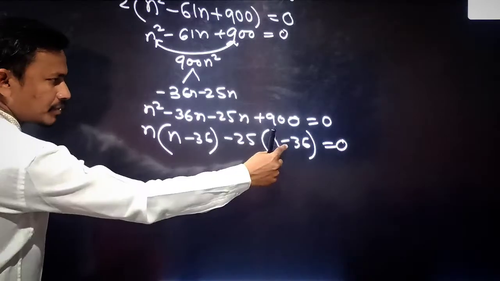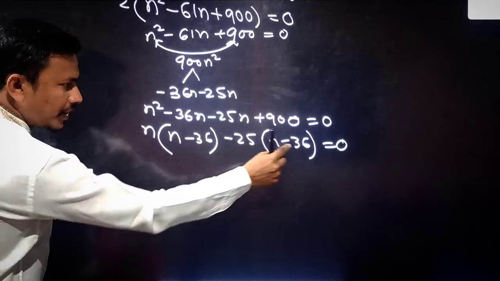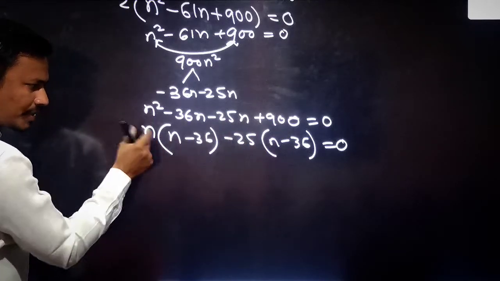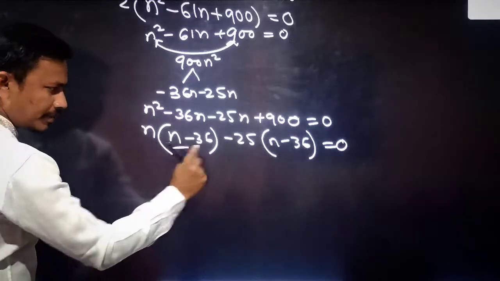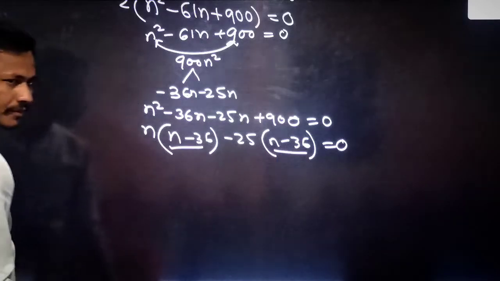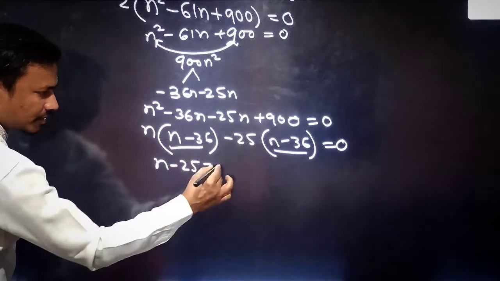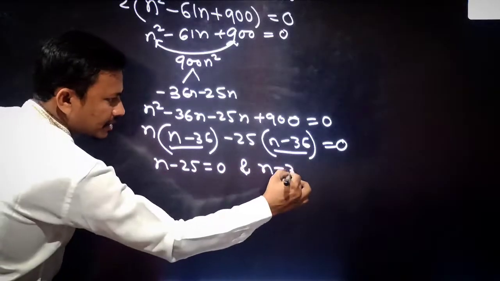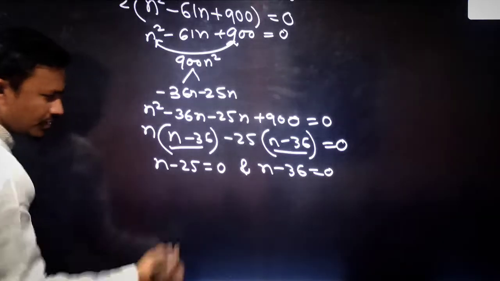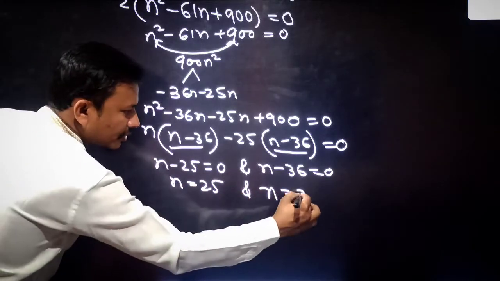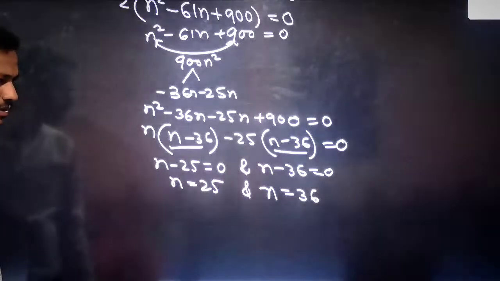Correct? Minus into minus plus, 25 into 36 is 900. Taking n common, the same thing will be coming back. Okay, n minus 25 is equal to 0 and n minus 36 is equal to 0. n is equal to 25 and n is equal to 36.